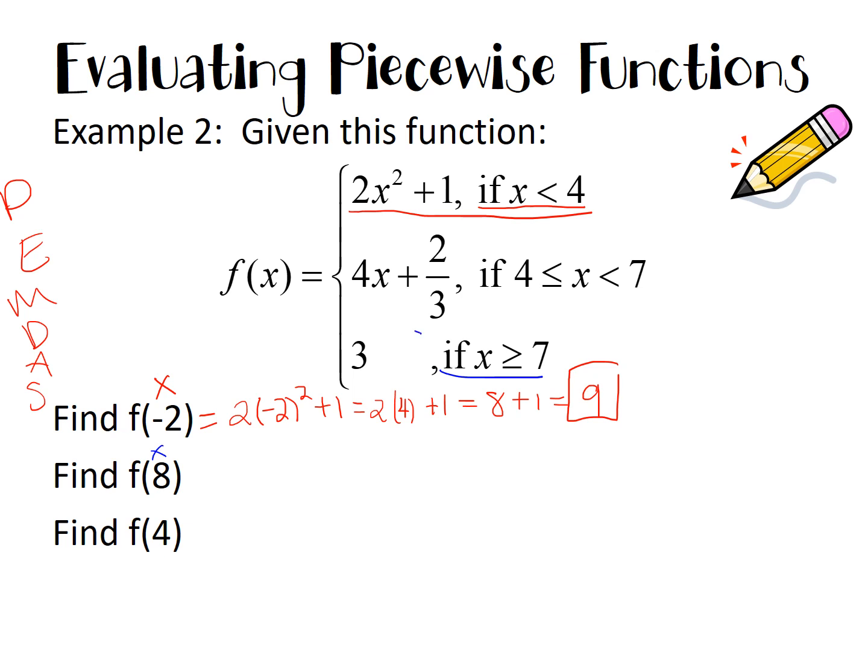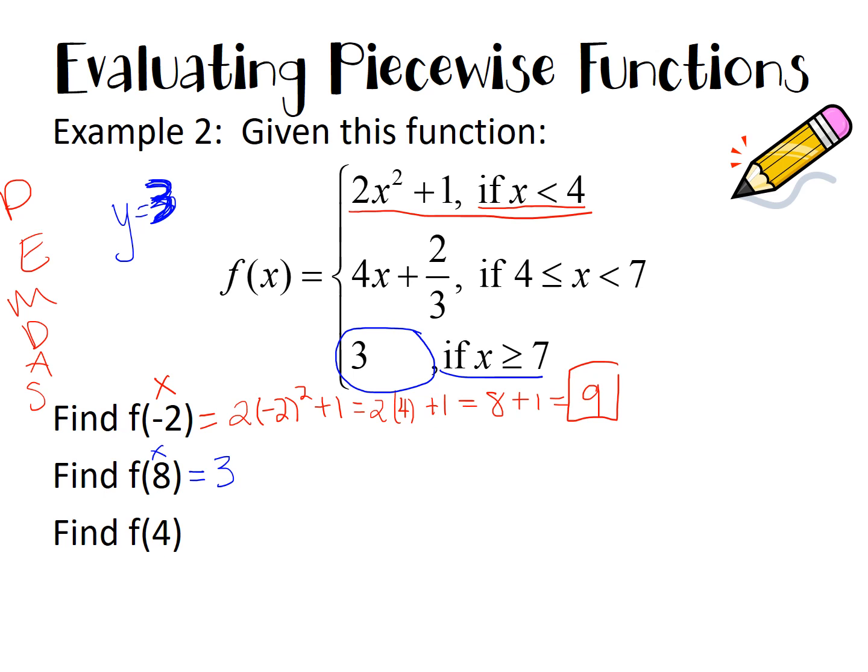So notice how in this piece of the function, there is no x variable going on. We're saying y is equal to 3 no matter what you plug in for x. So f of 8 is just going to be 3.